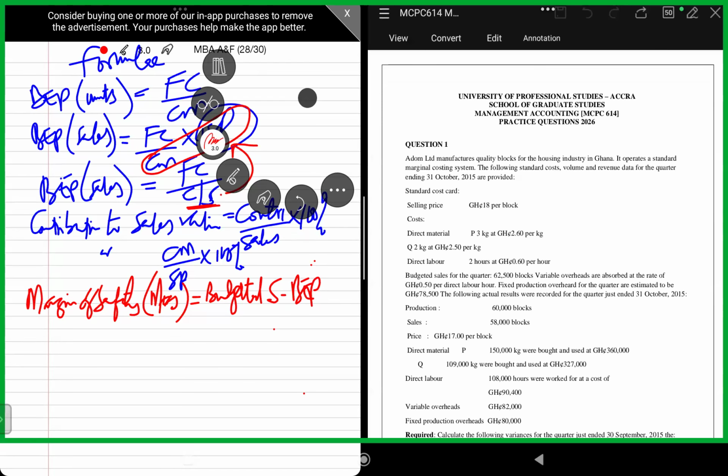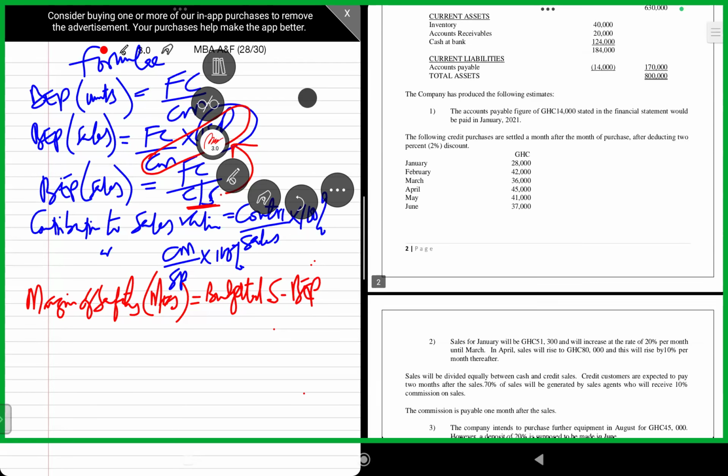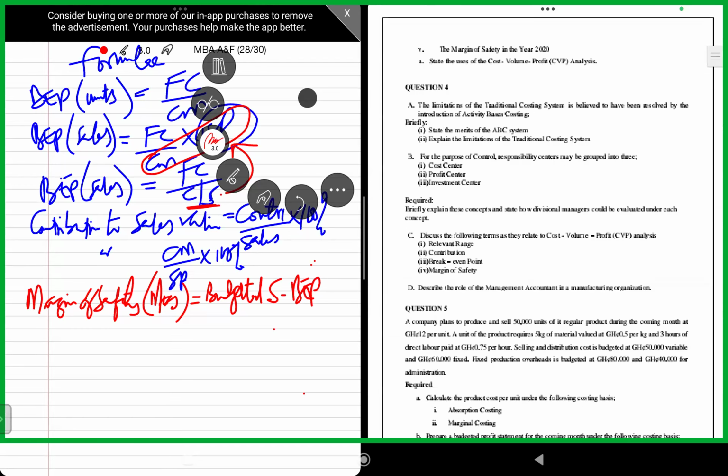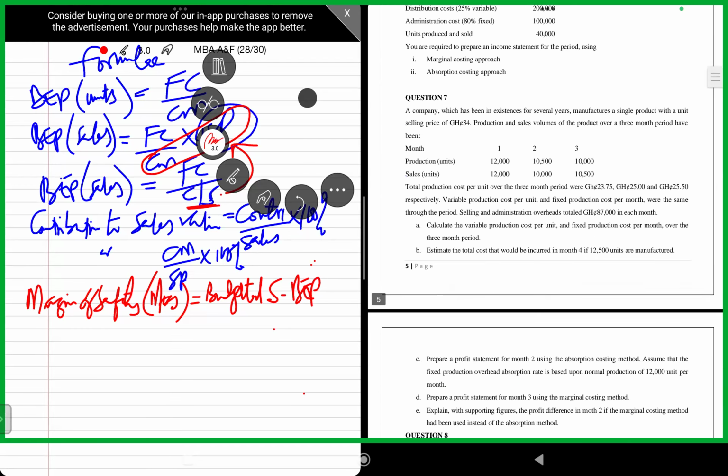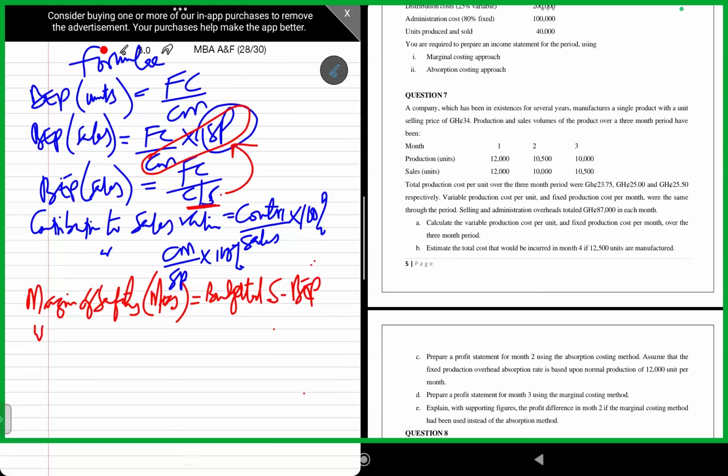Okay, so we'll solve as much as we can. Margin of safety, break-even point. The question can also say margin of safety in percentage.